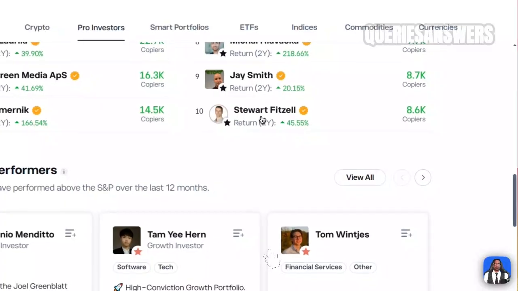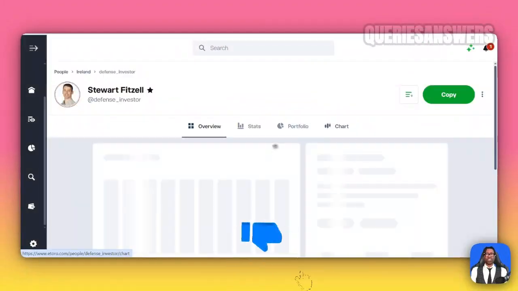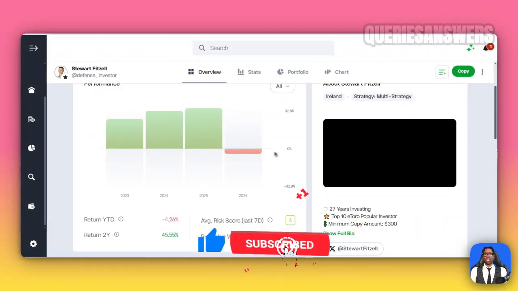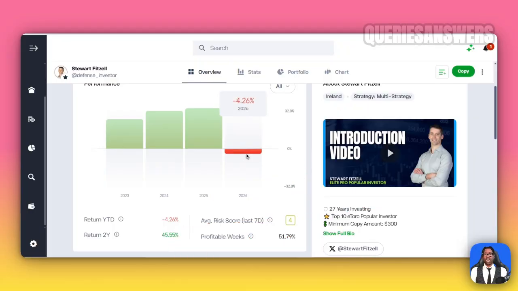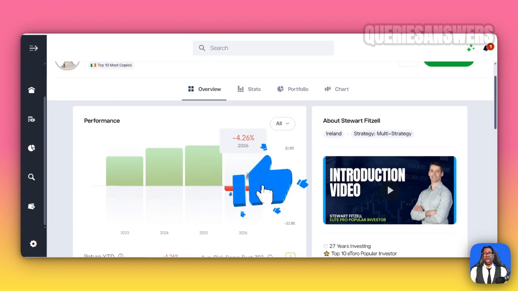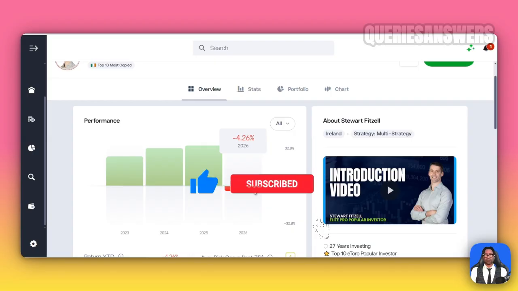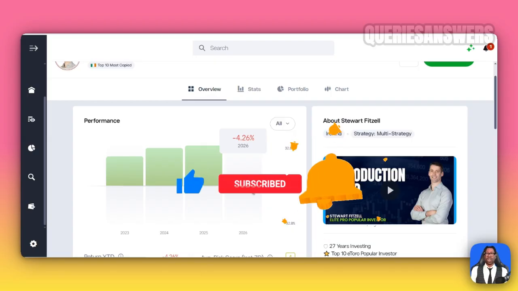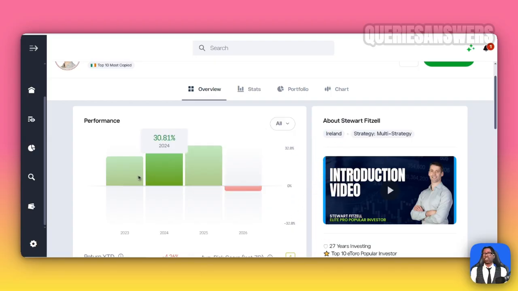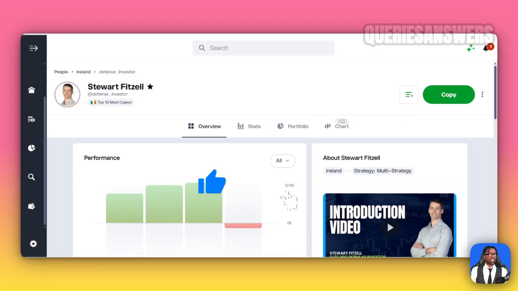Then if you find somebody that is trading the industry that you would love to trade, this guy is making some losses this year, about 4.26%, but look at how they've been performing over the years. So don't allow somebody's loss for just a few months to discourage you from using them as a feed.